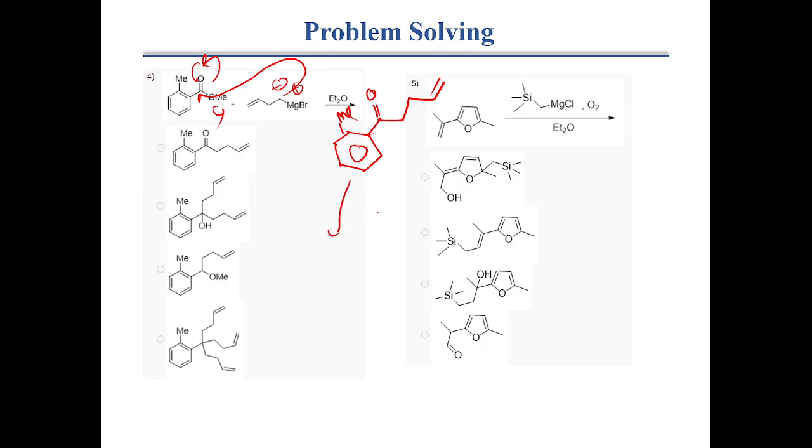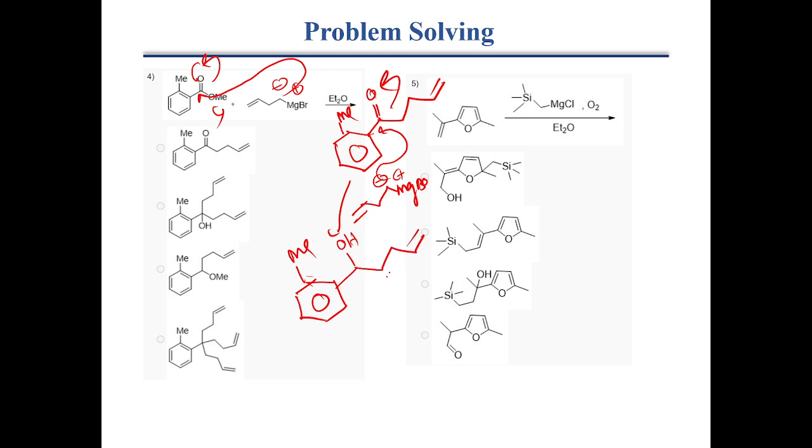Now in presence of excess Grignard reagent, negative, positive, it will further react with this carbonyl center and form the ketone. Methyl, OH. So it will give this product.